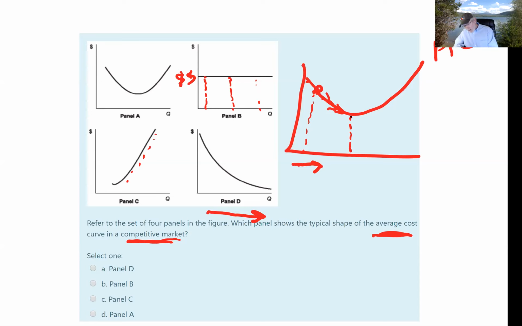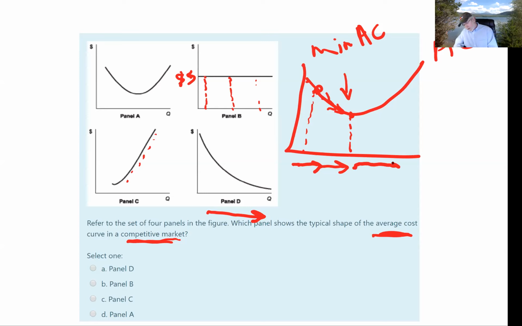At some point, you hit the bottom of that curve. That is the quantity at which average cost is at a minimum. We said that over this range of output, where average cost is declining with quantity, the firm is experiencing economies of scale. It just means as you produce more, average cost declines.